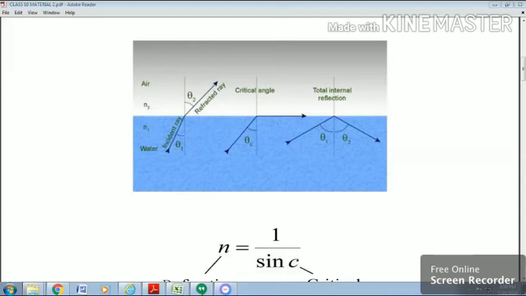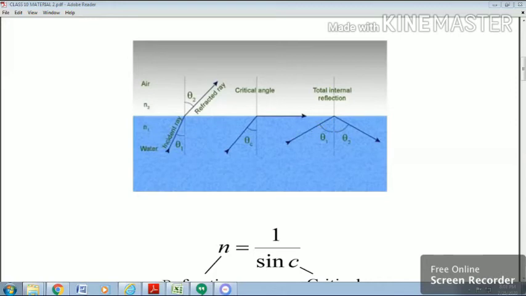Just watch this diagram. The very first is the condition when angle I is less than C, we get the refracted ray. When we increase angle I, in the second diagram angle I is equal to angle C, that means the angle of refraction is 90 degree. Now the third case is when angle I is greater than the critical angle.